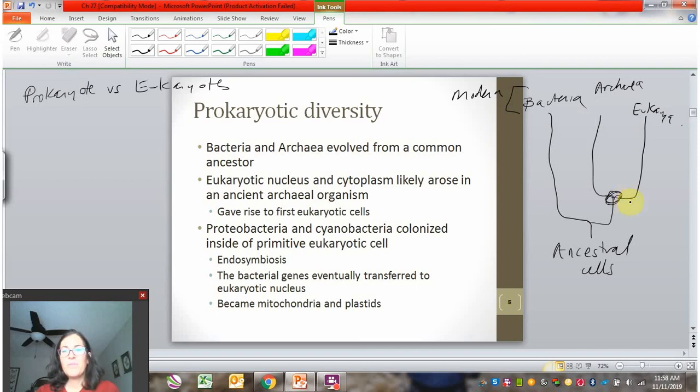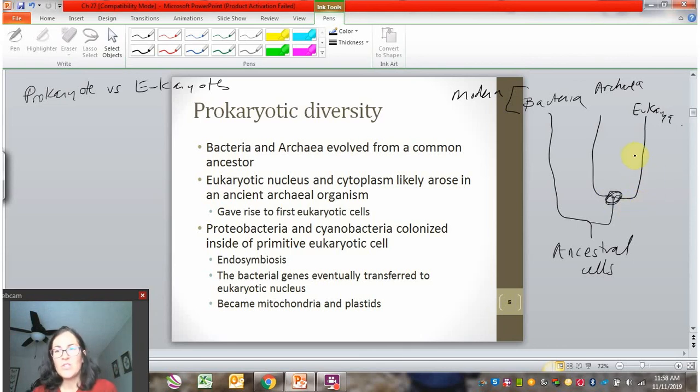So the further implication of this cladogram is that the eukaryotic nucleus and cytoplasm arise in a shared ancestor, or an ancient archaeal organism. And so, let me say that again. It does not arise in this shared ancestor. It arises in the lineage that branches from that shared ancestor, just to be really clear.